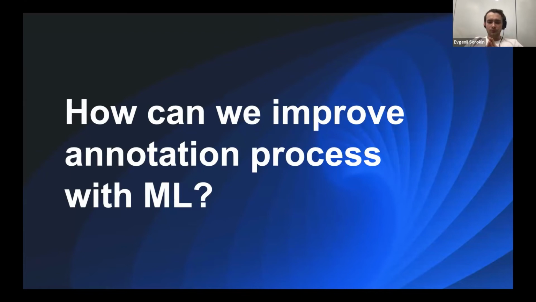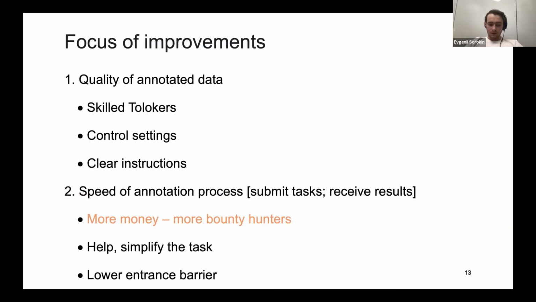How can we improve the annotation process with machine learning tools and methods? First of all, we will ask ourselves, what is our focus of improvements? We can improve the quality of annotated data, or we can improve the speed of the annotation process. By speed, I mean the time between submission of tasks and receiving of results.